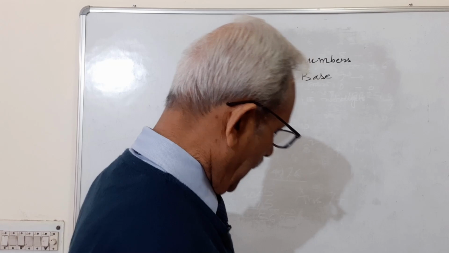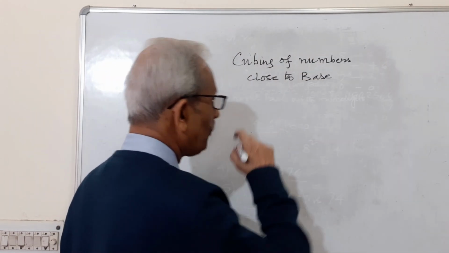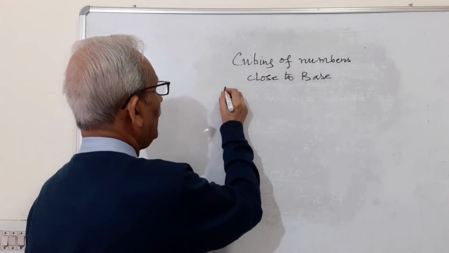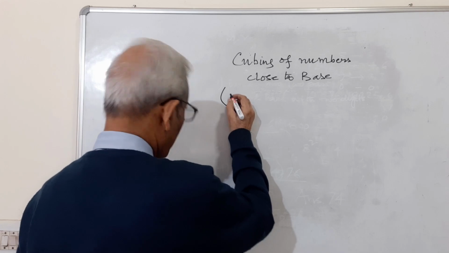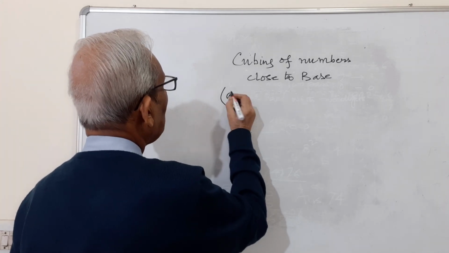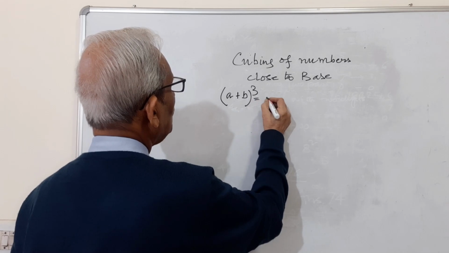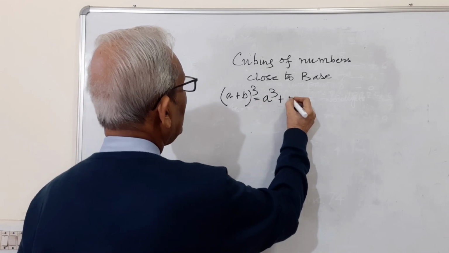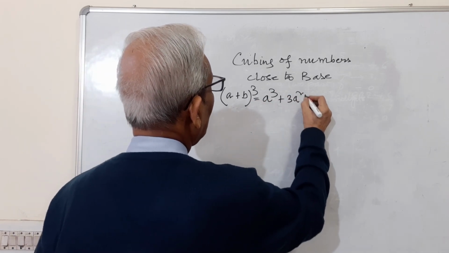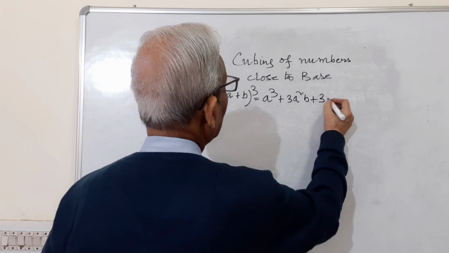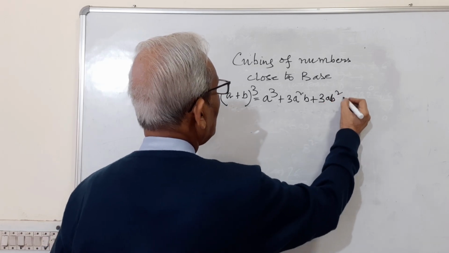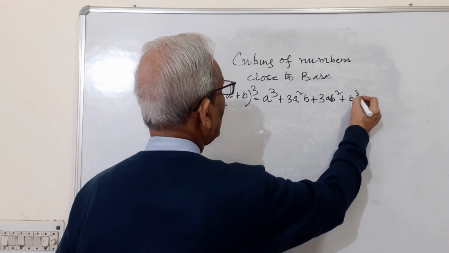For that you have to remember one formula in algebra: (a + b) whole cube is equal to a cube plus 3a square b plus 3ab square plus b cube. I think you understand it.